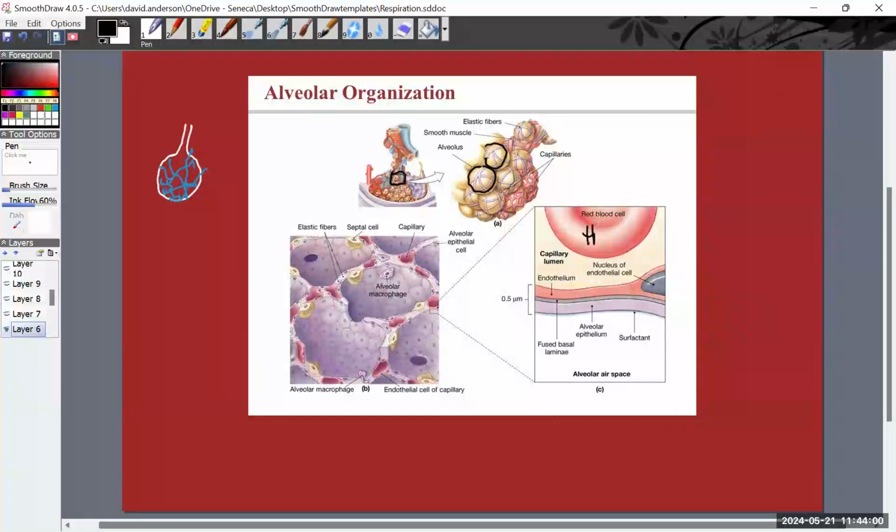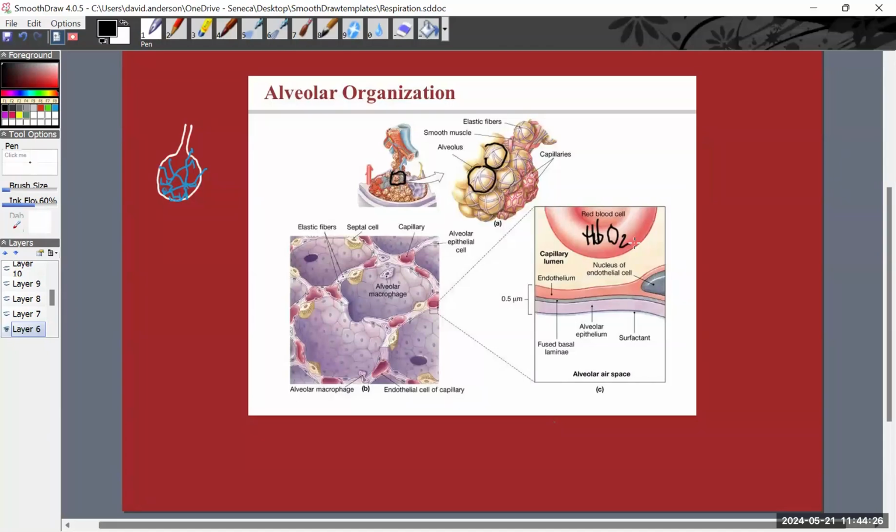Remember, hemoglobin carried oxygen. Anybody remember how many oxygen molecules a single hemoglobin molecule can carry? Is it 2? 4 molecules? A hemoglobin molecule can carry 4 oxygen molecules.